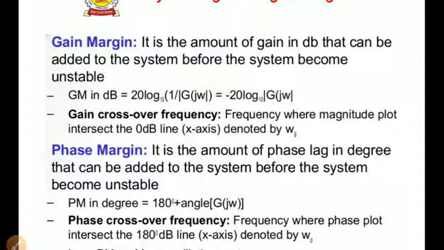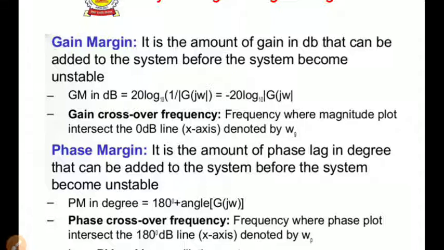Another important aspect is the gain crossover frequency. What is the gain crossover frequency? It is the frequency where the magnitude plot intersects the 0 dB line, that is the x-axis, denoted by ωg. And another thing is phase margin.